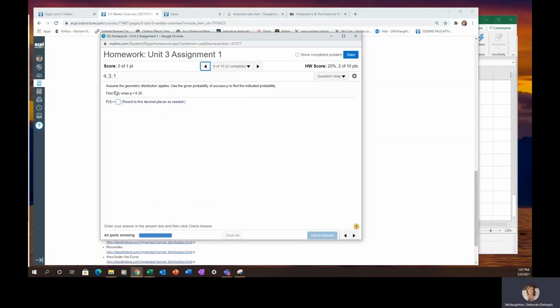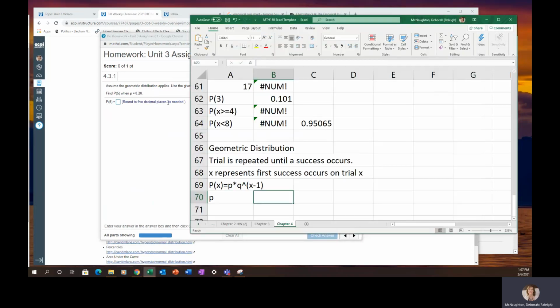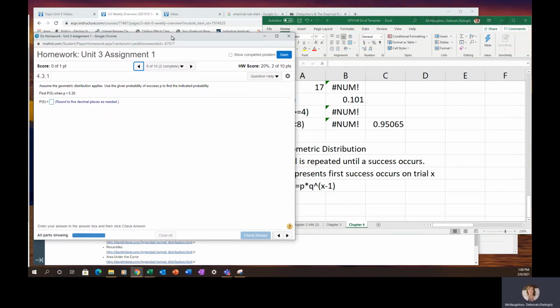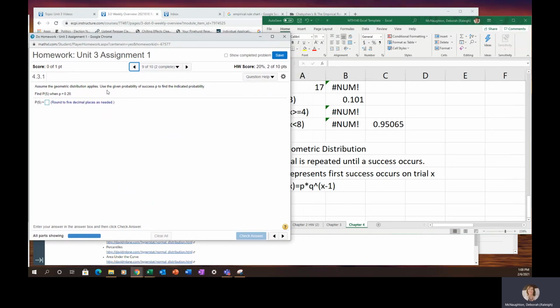All right, so assume the geometric distribution applies. Use the given probability of success to find the indicated probability. So it wants us to find the probability that X is 5 when P is 0.2.